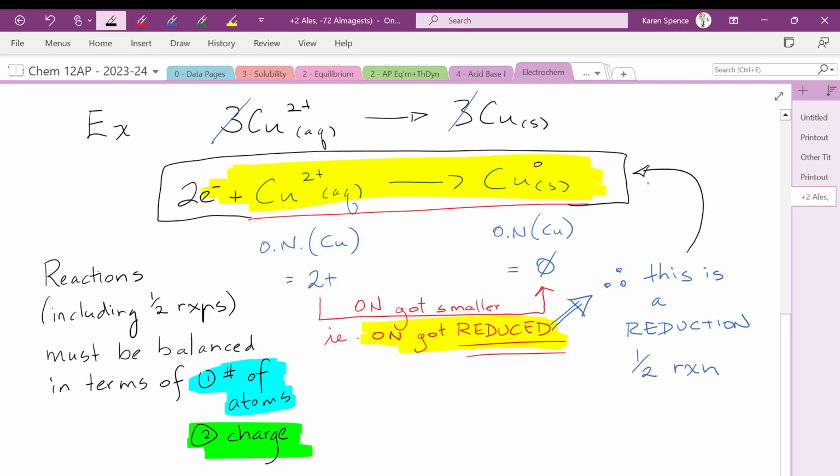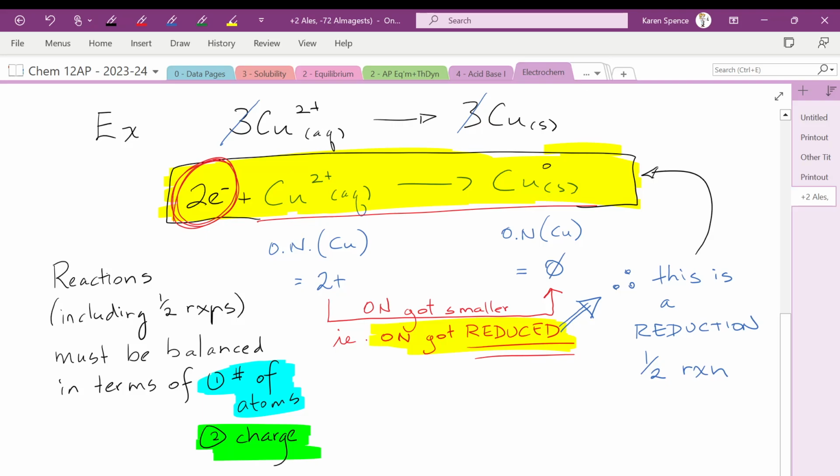Now, we learned that it was a reduction half reaction because the oxidation number got reduced. There is another way you can tell by looking at this reaction that it is reduction. How else could you tell? Discuss. The electrons are in the reactants, the electrons are going in.